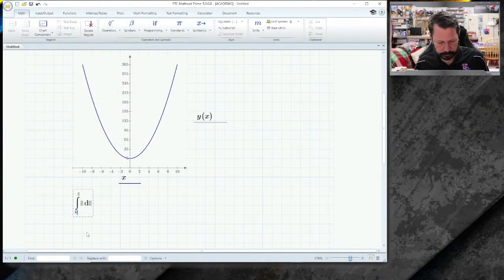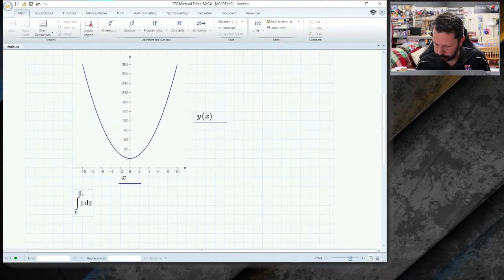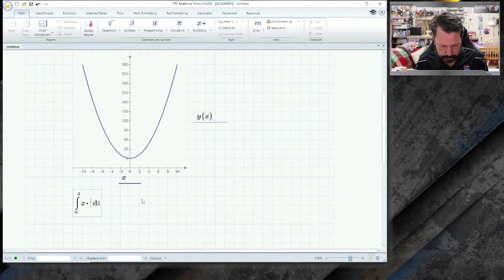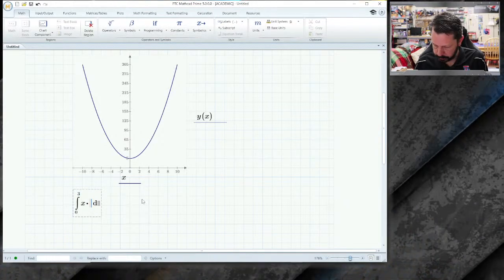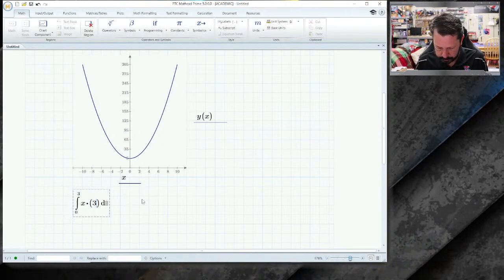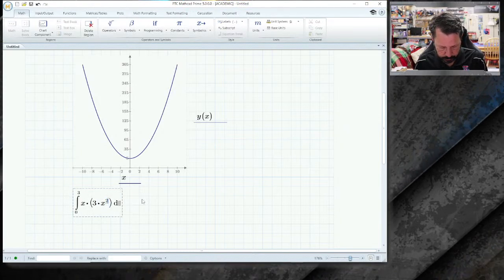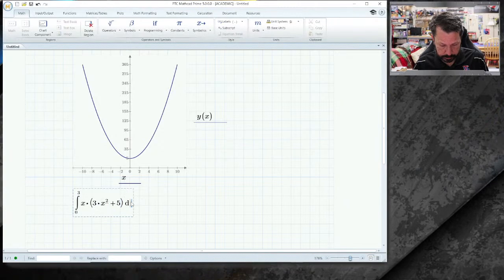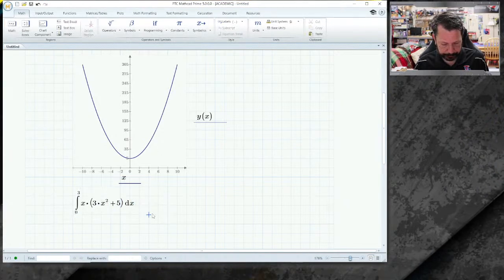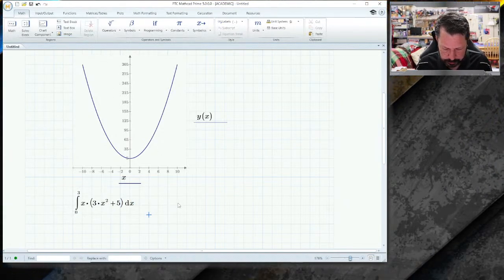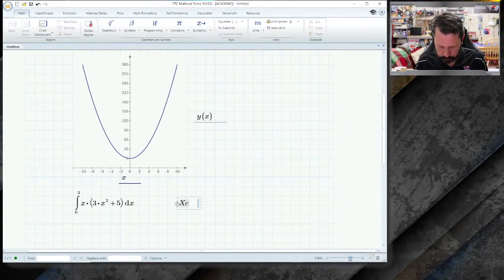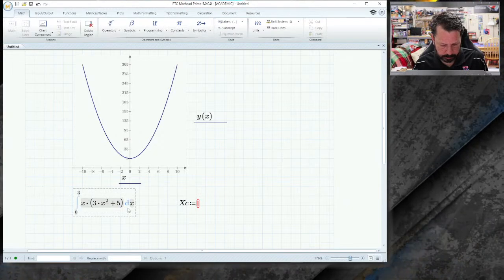We're going to go from 0 to 3 and integrate x times the quantity 3 times x squared plus 5 dx. That's part of it. We have some more though. So this is going to be x sub c.